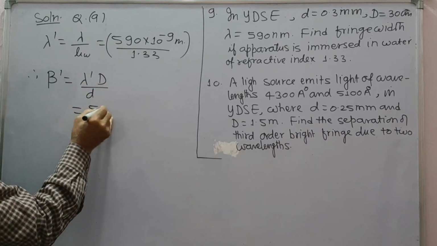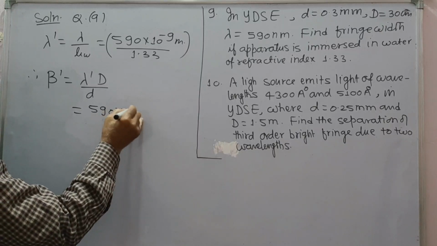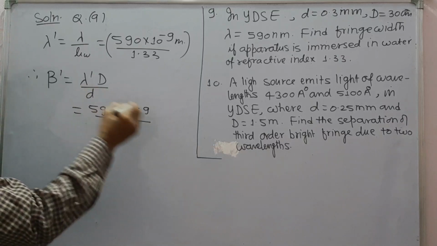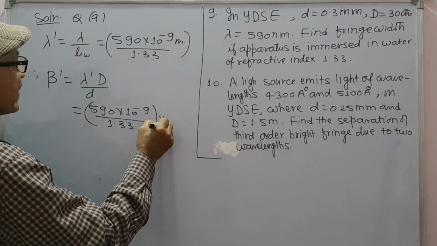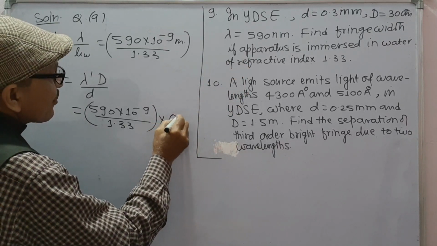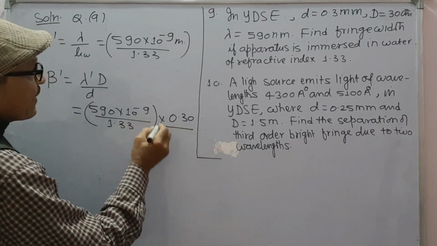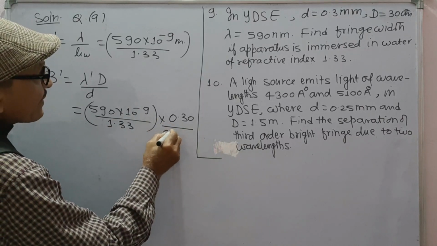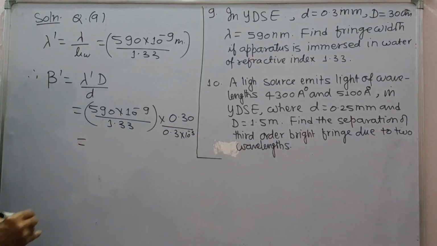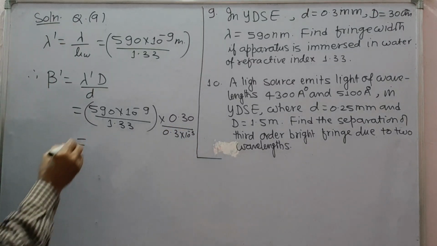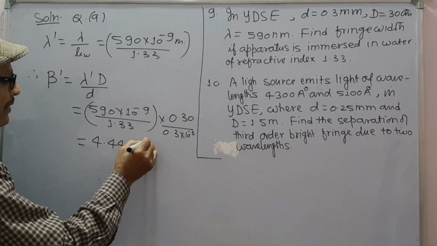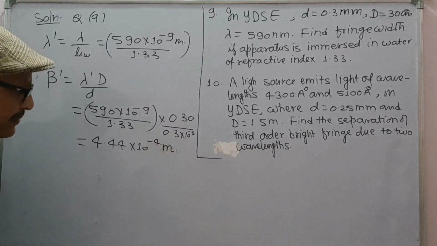Lambda dash is 590 into 10 to minus 9 upon 1.33 into D. D is 30 cm, is 0.3 meter, upon small d. Small d is 0.3 millimeter, means 10 to minus 3 meter, which gives beta dash as 4.44 into 10 to minus 4 meter.